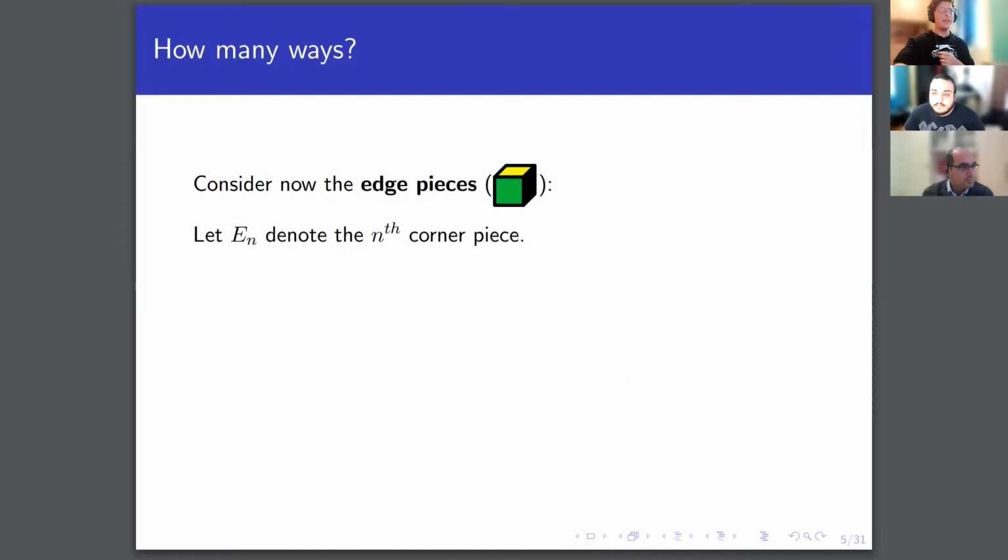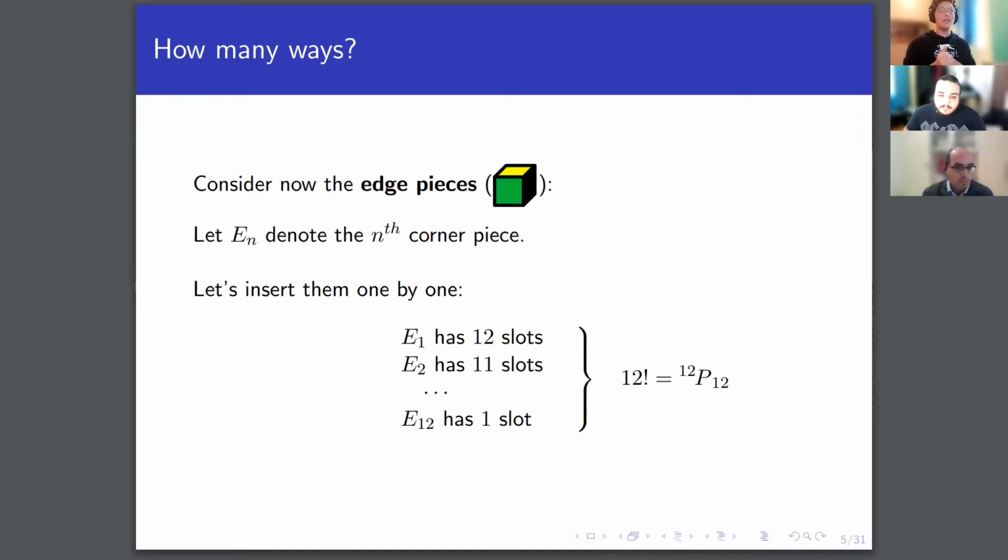Similarly, for the edge pieces, we'll get 12 slots, and each of them can be arranged in 12 factorial ways. So if we multiply 8 factorial and 12 factorial, we get all the ways in which we can slot in, so to speak, all of the pieces.